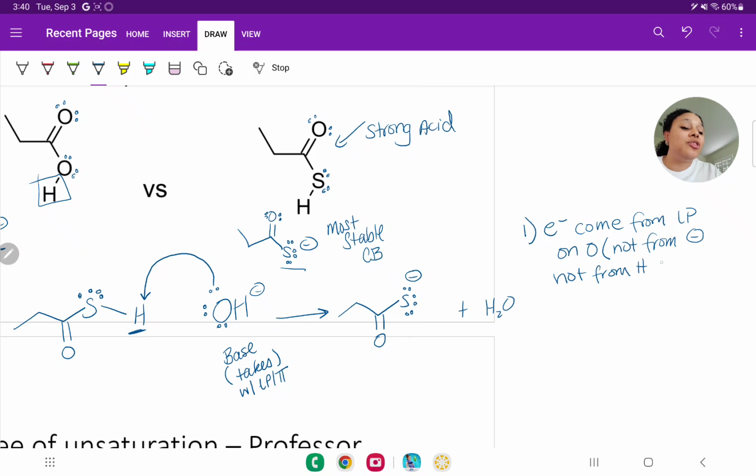And that's because hydrogen has no electrons on it. So you can't do that, right? The number two thing that I saw is people pointing the arrow into just random space. You have to point the arrow towards the element you want to form a bond with.